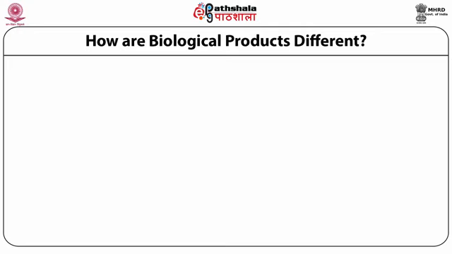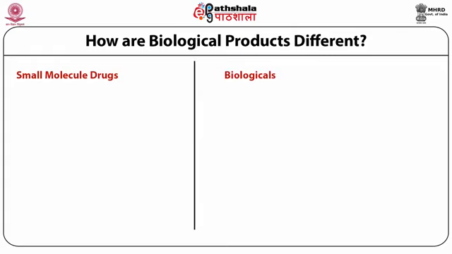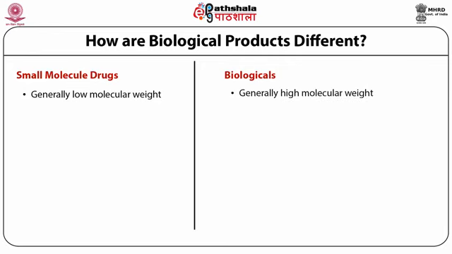How are biological products different from other pharmaceutical products? We can differentiate small molecule drugs and biologicals in this way. Small molecule drugs or synthetic drugs are generally of low molecular weight. However, biologicals generally have high molecular weights.